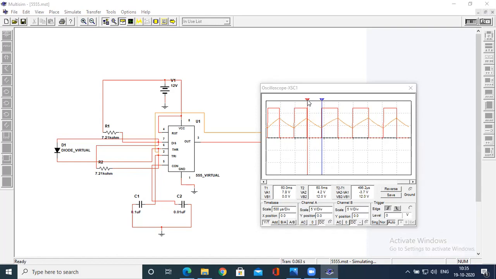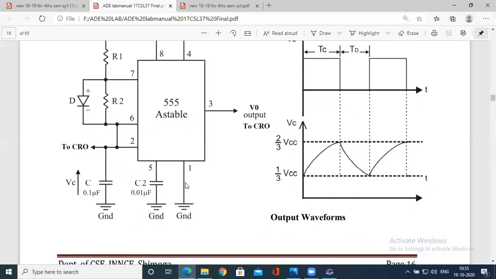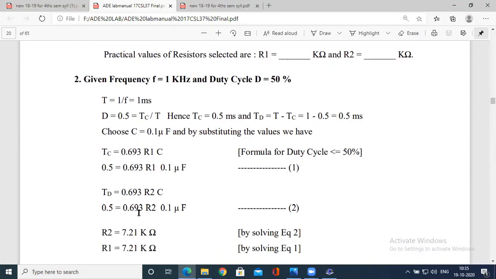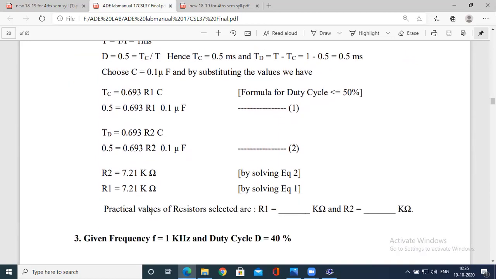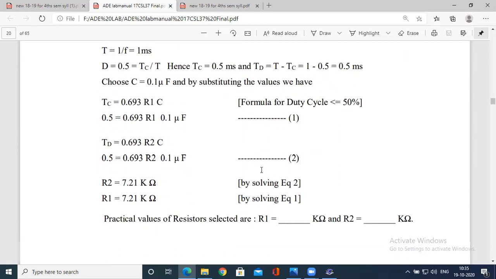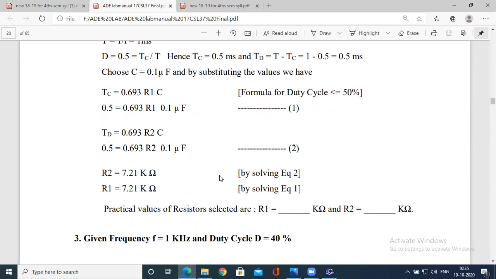There is a variation. So let us see that 7.21 kilo ohm, 7.21 kilo ohm under a simulation. When we took equal resistor values, we are going to get nearby to the 50% duty cycle.